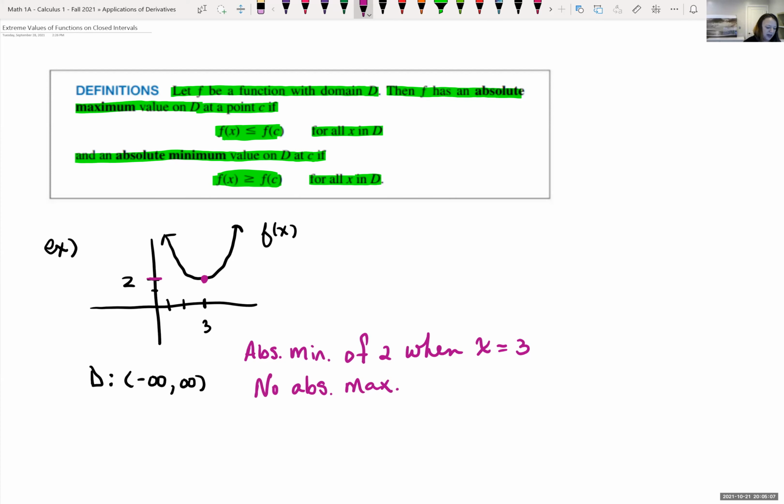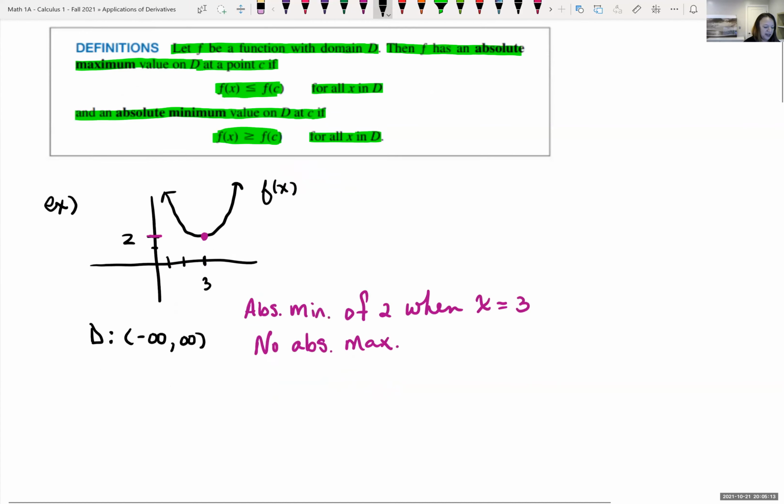Let's say we had the same picture, but in this case, we limited our domain.